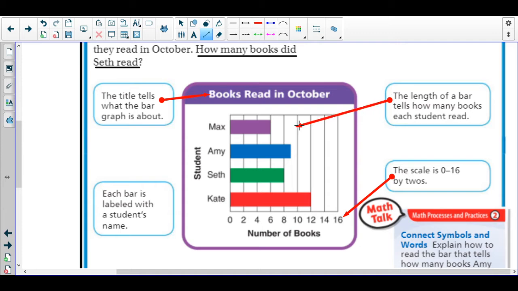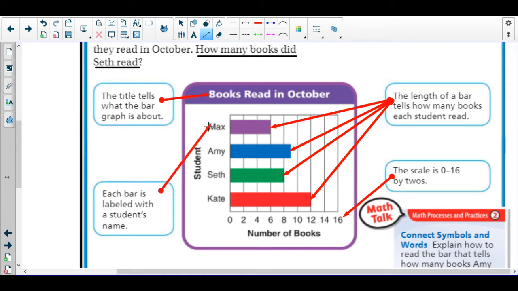The length of each bar shows us how much each student read. We can see that each of these bars is of different length. And then each bar is labeled with the student's name. So Max, Amy, Seth, and Kate.